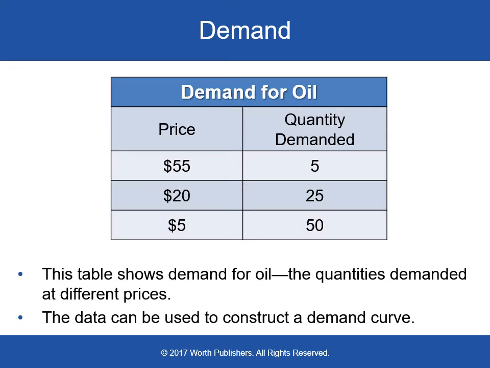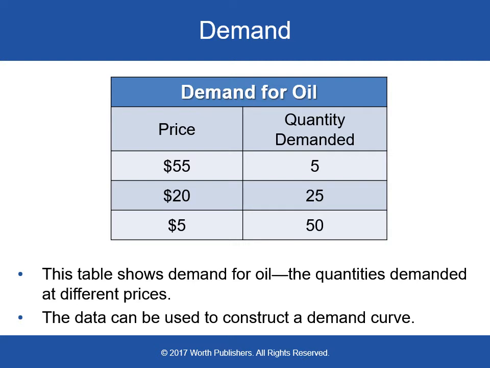So let's look at an example. A good example is to talk about the demand for oil. So for example, if there's a market price of $20 per barrel, quantity demanded according to this diagram tells us that 25 units will be demanded.